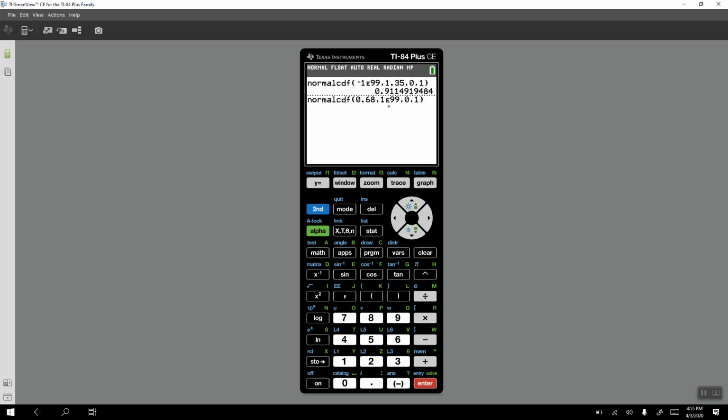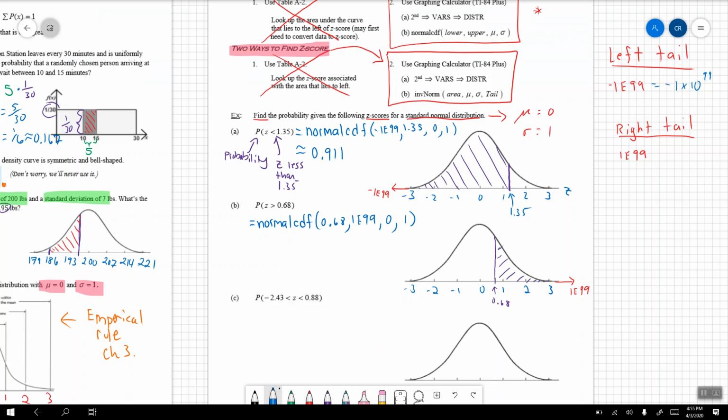Now, if you mistakenly put the capital letter E here, when you press enter, your calculator is going to say error, because you inserted a letter instead of the actual notation that it needs to use for scientific notation. So we press enter, and here's our probability: 0.248. So we're going to write that out. The probability is approximately 0.248.